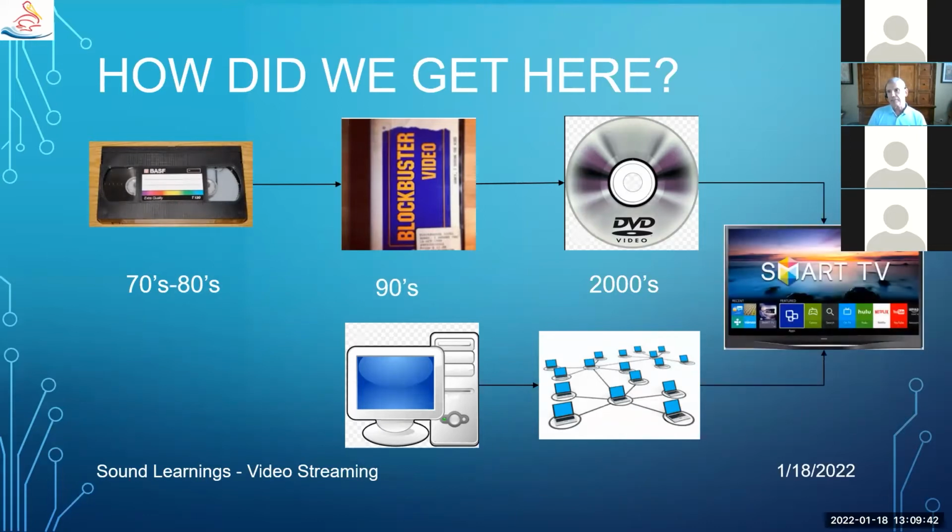So the final step really was when everybody started getting smart TVs, smartphones, all these devices that could interpret these digital signals coming through the internet and play them back for you on your phone, your tablet, your PC or your TV. So it all started back in the 70s, and now we're at the point where it's happening and you don't even know it, as I described in the first question we had.